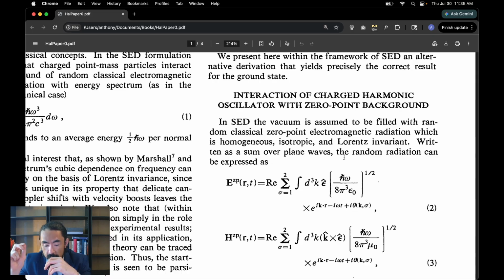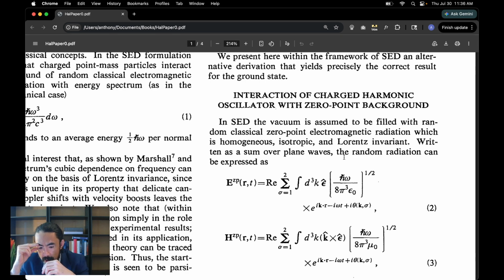The magnetic field is equal to the real value of the sum over sigma from 1 to 2 of the integral of d cubed k, the cross product of the vector k hat with the vector epsilon hat, times the square root of the fraction with the numerator of h bar omega over a denominator of 8 pi cubed times mu naught, times e to the power of i times the dot product of vector k with vector r, minus i omega t, plus i times theta in terms of the vector k and sigma.